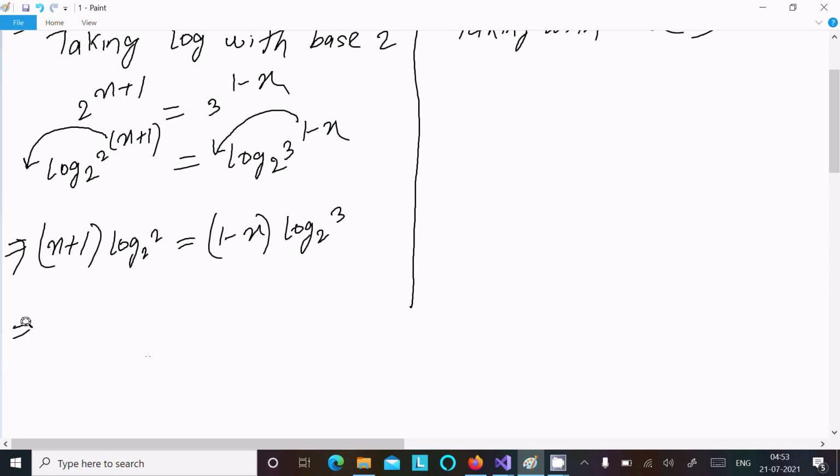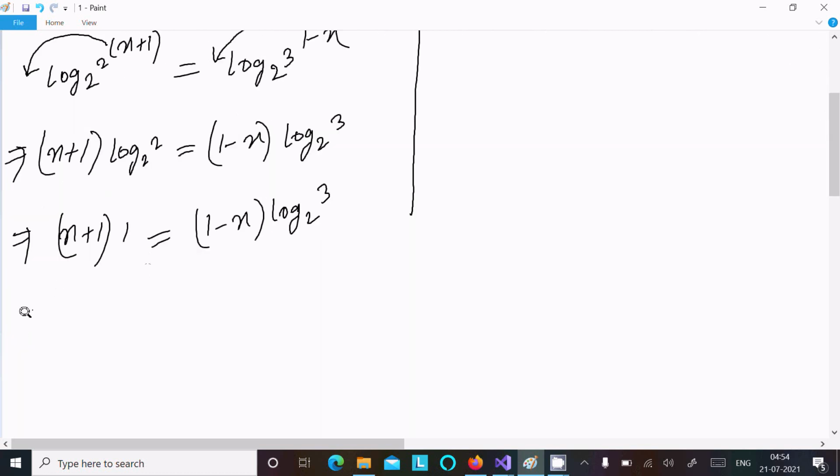You already know log a base a is equal to 1. So here (x+1) into 1, equal to (1-x) log base 2 of 3.